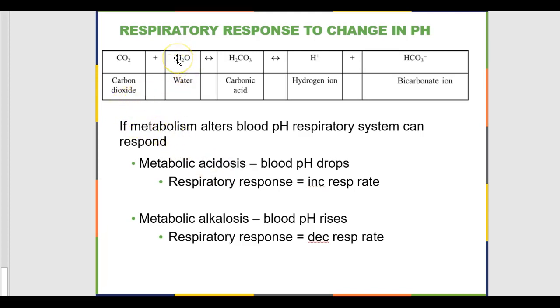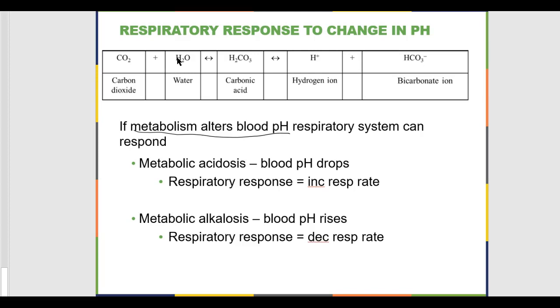Here, if you're talking about a respiratory response, now you're in homeostasis. Something happens with your metabolism to knock you out of homeostasis, so your bloodstream, due to metabolic reasons, becomes too acidic or too alkaline.